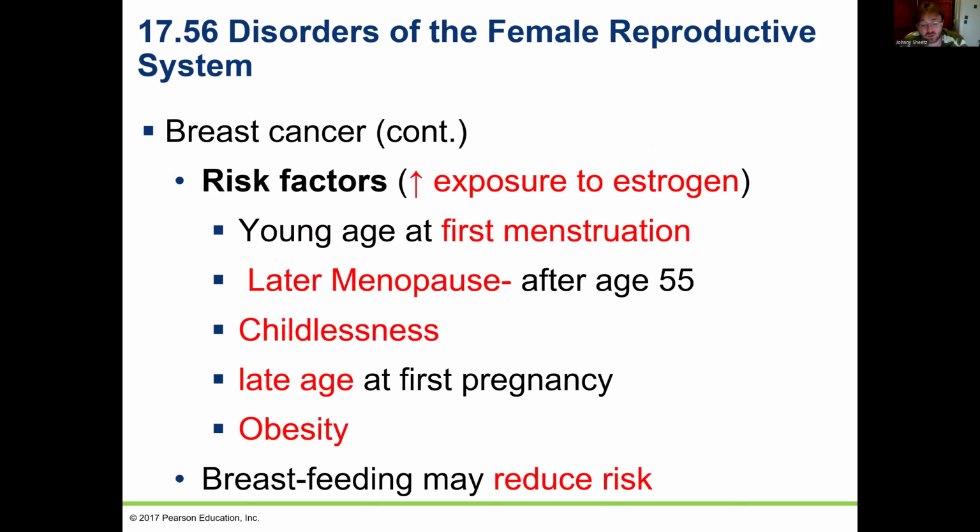If you are older at first pregnancy, that can increase the risk as well. If you are obese, that can increase the risk. It is theorized that breastfeeding may reduce the risk and also have some immunologically positive effects on the baby. But it is important to have a holistic approach to the mother and the baby's health when you're developing treatment plans and care plans.